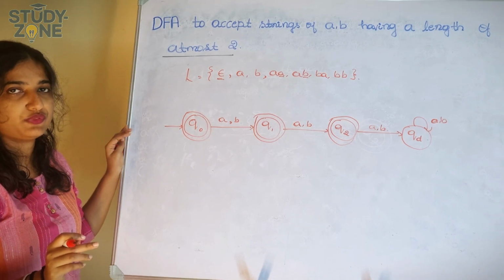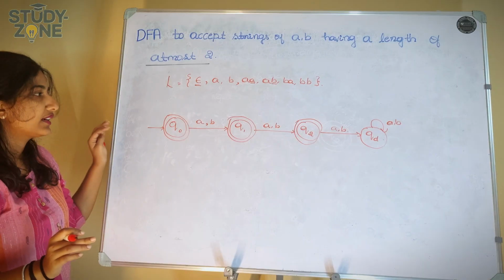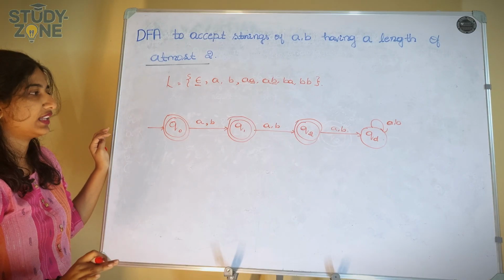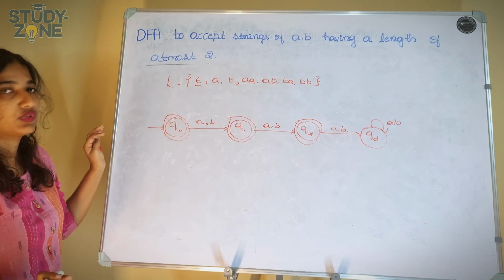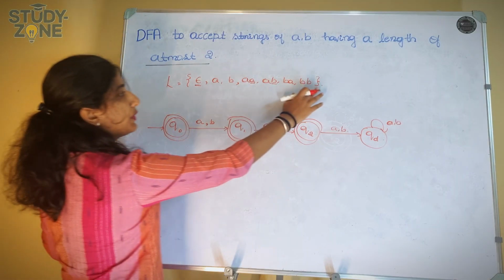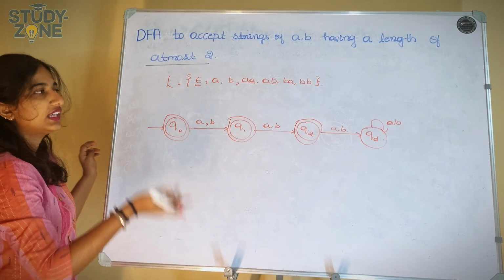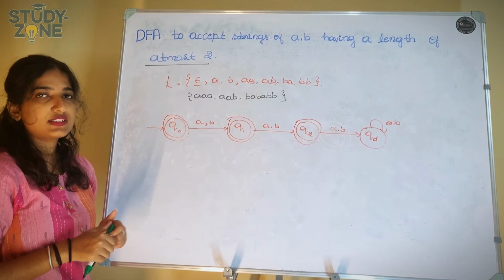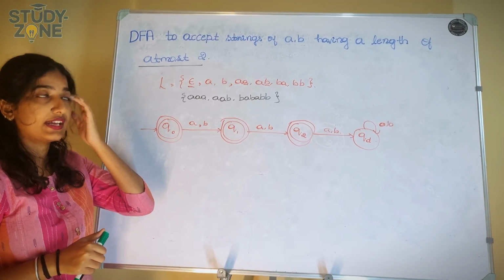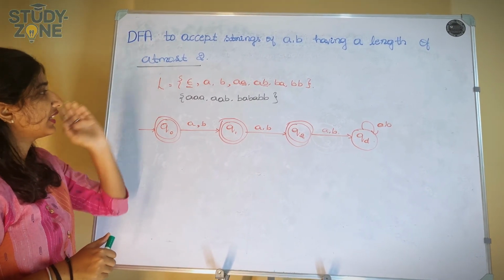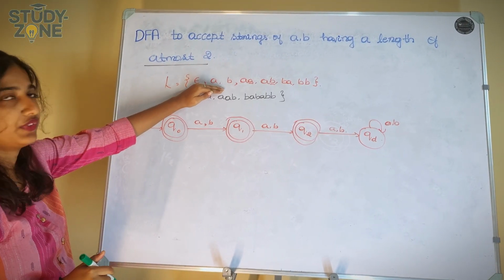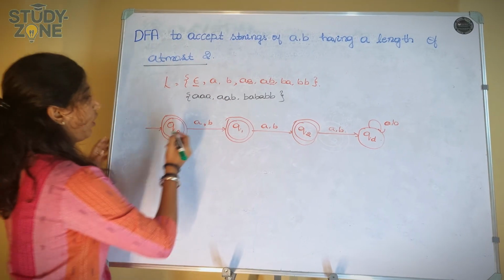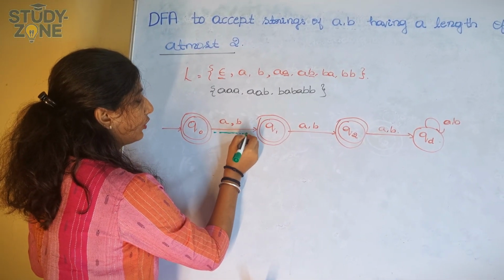Now let us take some of the examples and examine our transition diagram and check whether it is correct or not. To check it, all these examples should get accepted. Any string longer than this should get rejected. So now let us trace our transition diagram. First, let's take the example of A. Q0 on A moves to Q1.